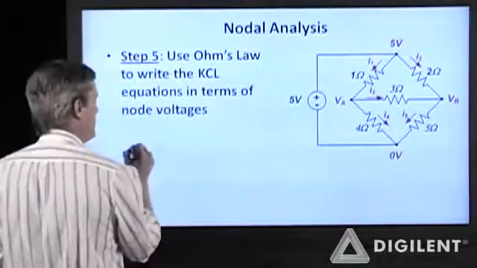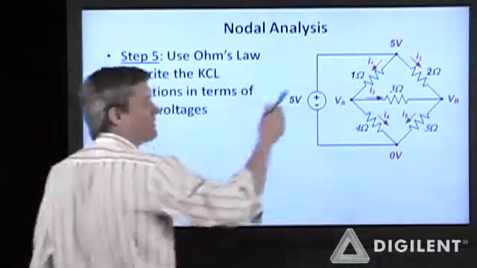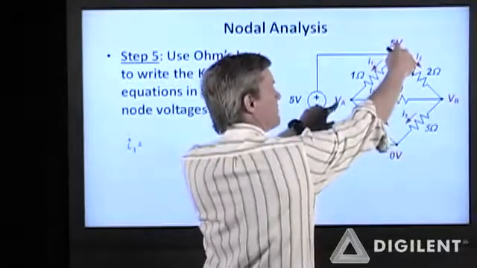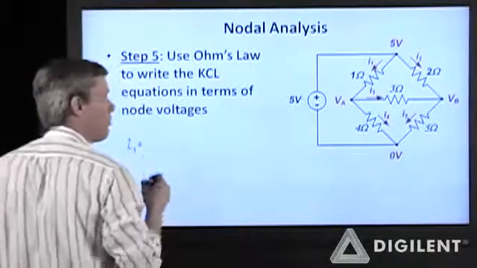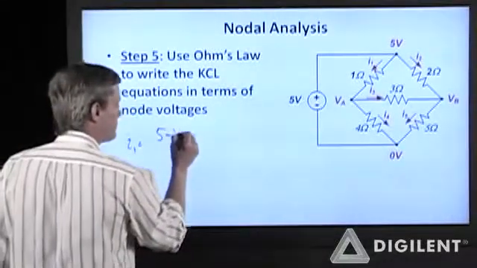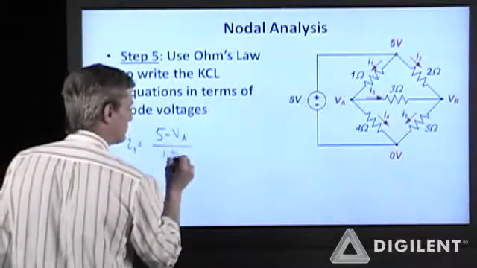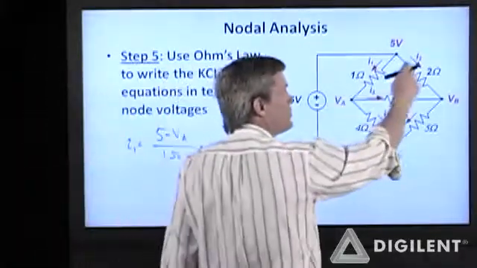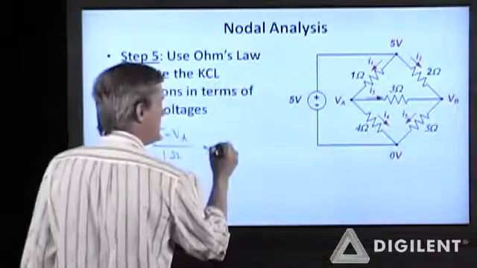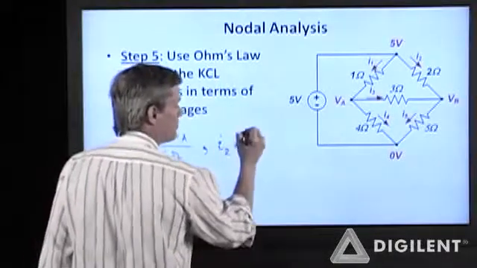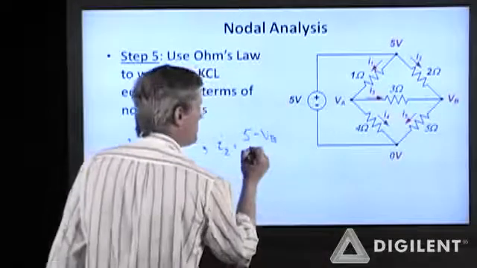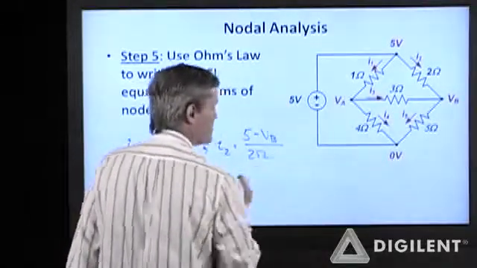So I1, if it's positive this direction, it is the voltage difference, 5 minus VA over the resistance 1 ohm. I2 is 5 minus VB, that's the voltage difference over the 2 ohm resistor divided by the resistance 2 ohms.